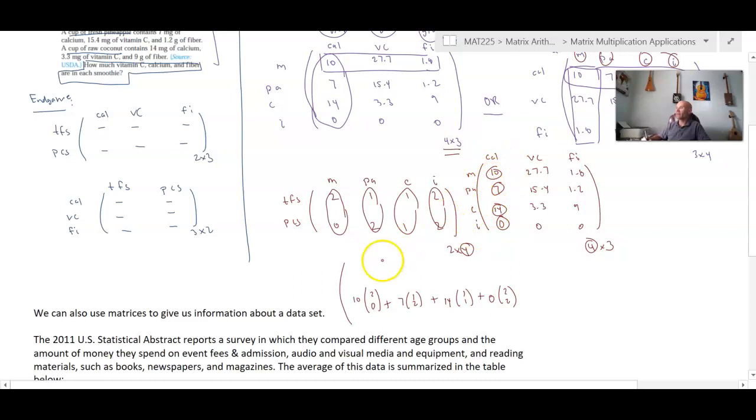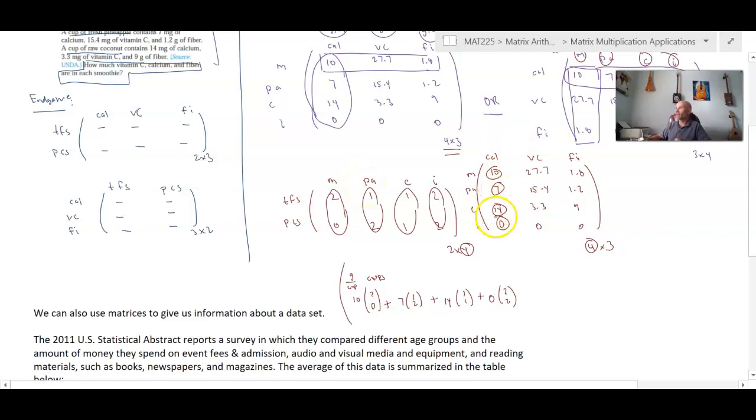This 10 is the number of grams per cup of calcium, and 20 are the number of cups of each of those 4 ingredients in our fruit smoothie. 7 represents the grams of calcium per cup of pineapple times the number of cups of pineapple in each of those 2 smoothies.